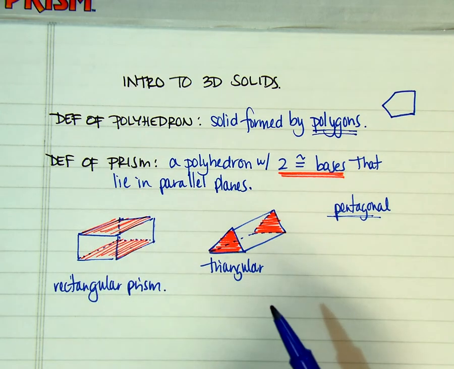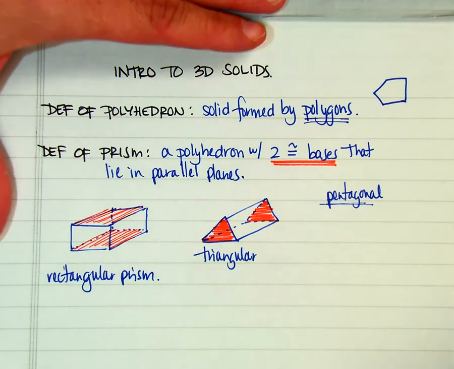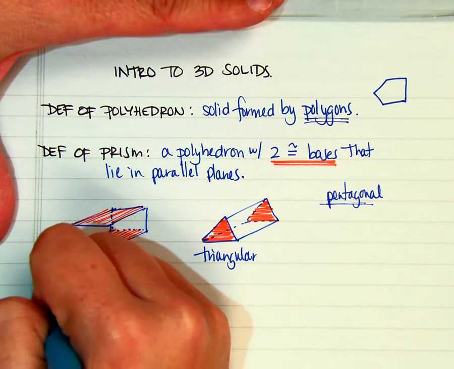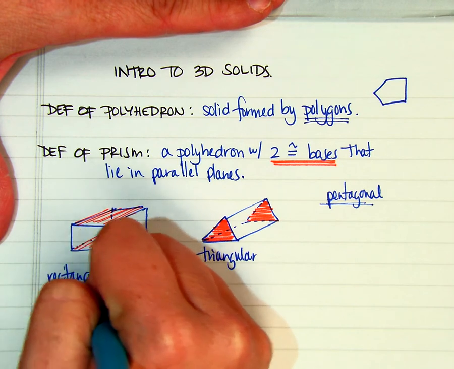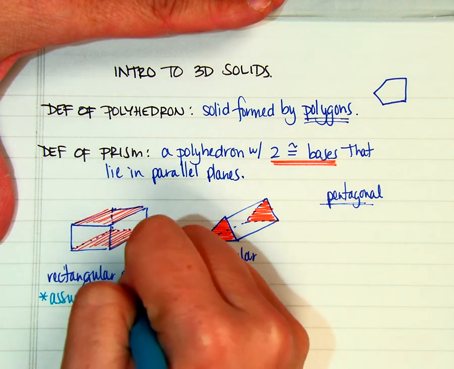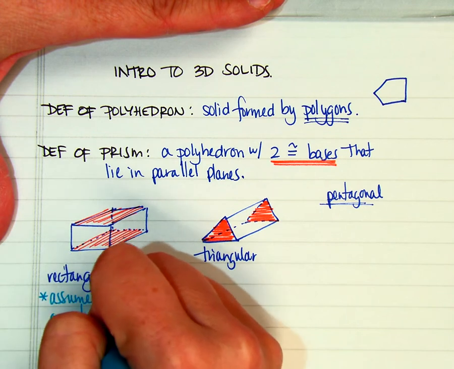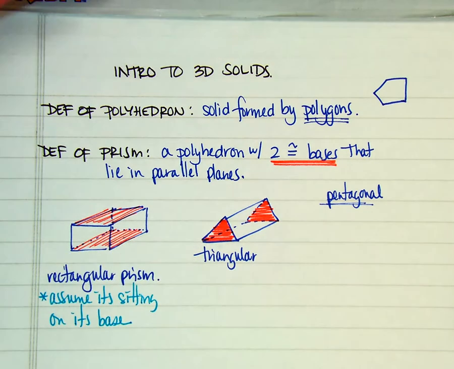Depending on where it is, in a rectangular prism we assume it's sitting on its base. Okay, so we make that assumption.